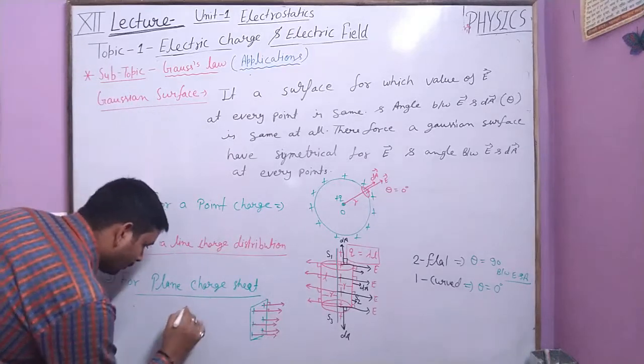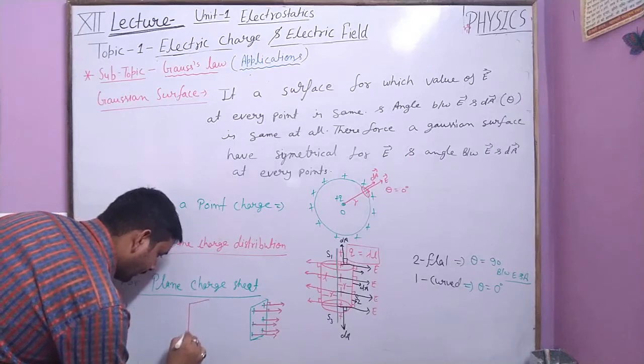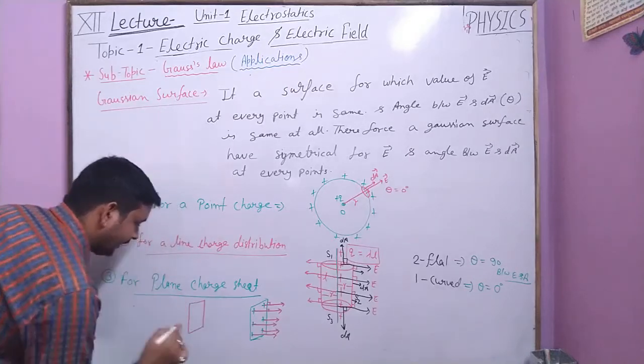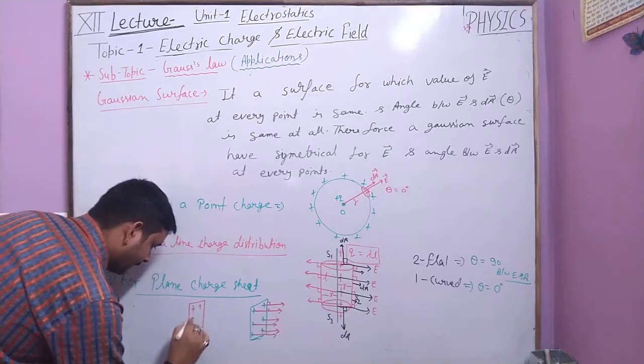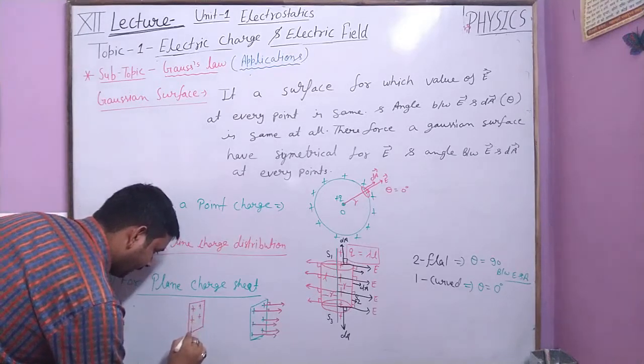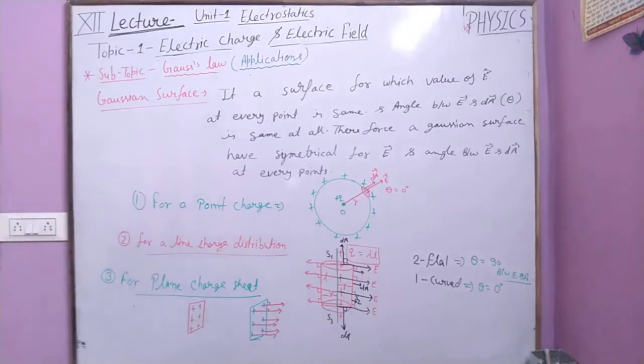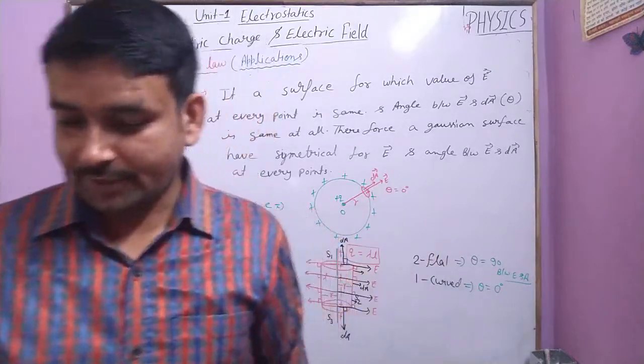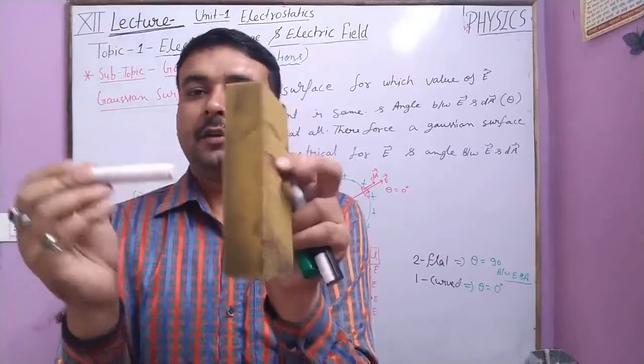Suppose you have the charge sheet in which the charge is equally distributed. Then you need to take a cylinder crossing the surface like that.